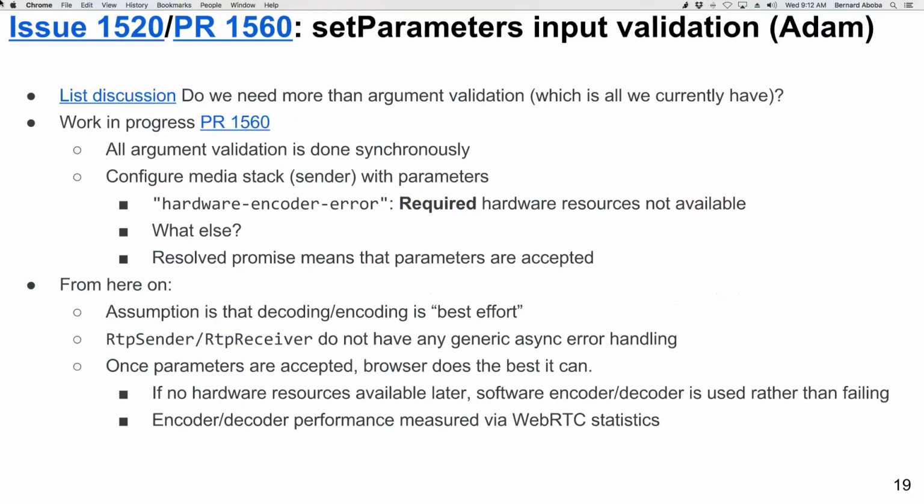There's no on-error event handler or anything like that. And once you've accepted these parameters, you've executed set parameters, it's not like something's going to happen, like somehow the hardware resources run out or something. Our assumption is somehow you cope with that, and you're not going to have an error later. Does that make sense? I think we had a similar discussion along these lines in a previous interim, but we just wanted to confirm that this is the model that we're using.